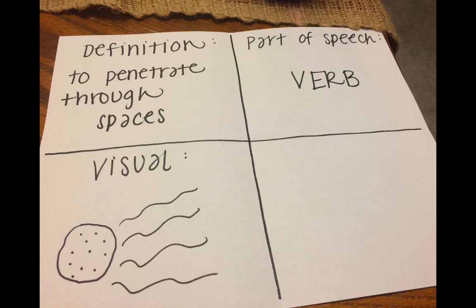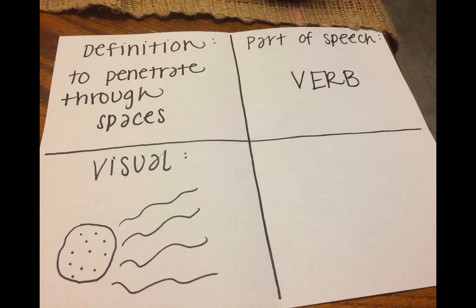And then in the final box, the lower right-hand box, is where you're going to come up with your own sentence that uses the word. If you're having trouble coming up with your own sentence, you can always look in your Classical Roots workbook. And right now we're working on the words on page 4. So if you wanted to follow along in your workbook, you could look at page 4.